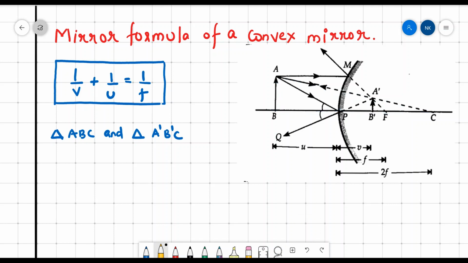So this is the first set, set number one. Now set number two. Let's see which is going to be the second set of triangles.